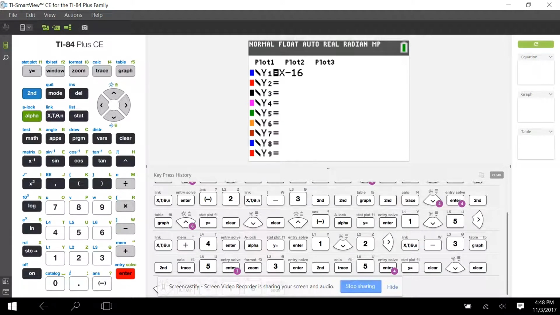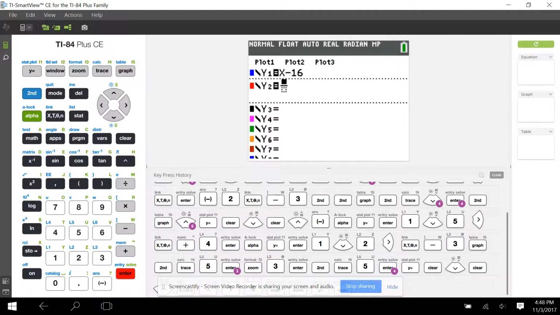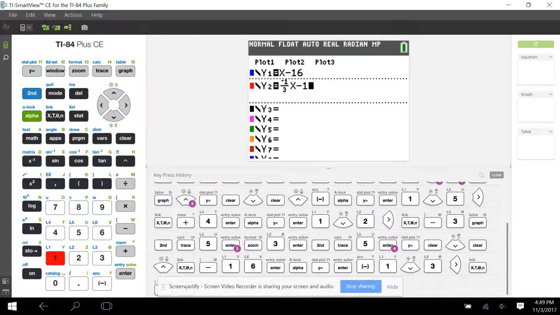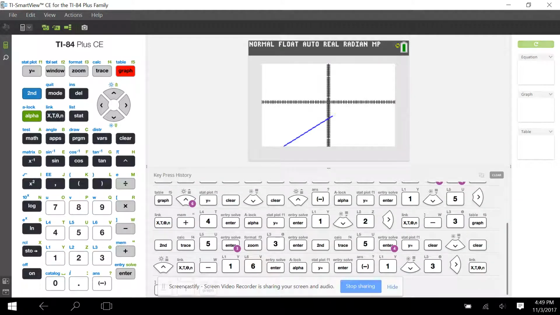And the other one is alpha, y equals, enter. So I can put my negative up here if I want. Negative 1/3 x minus 1. Graph. Okay, now I have my zoomed out graph, which is fine.